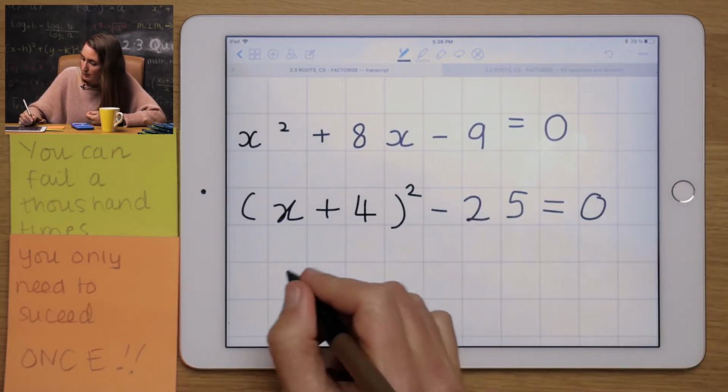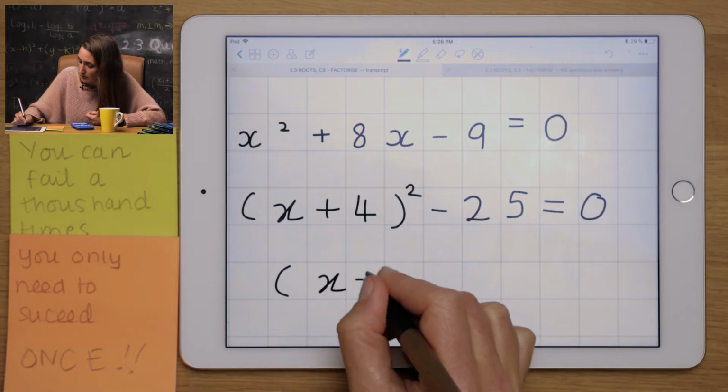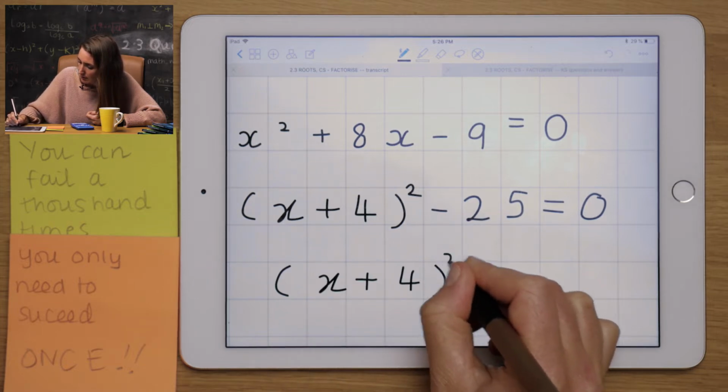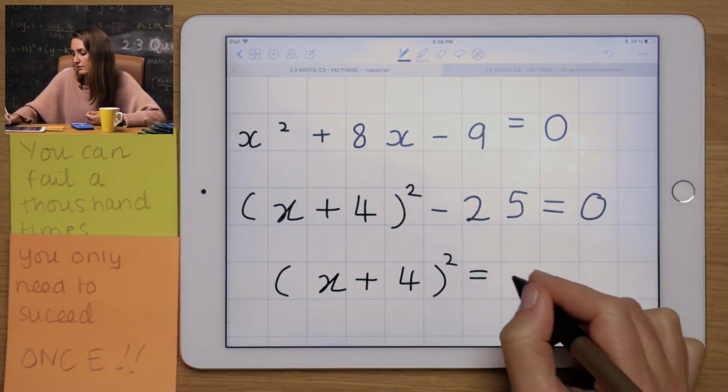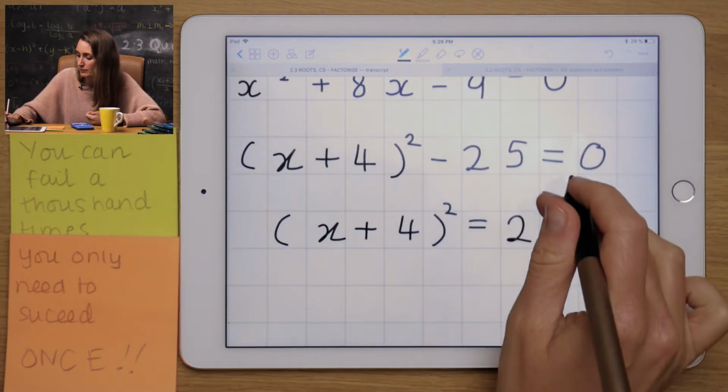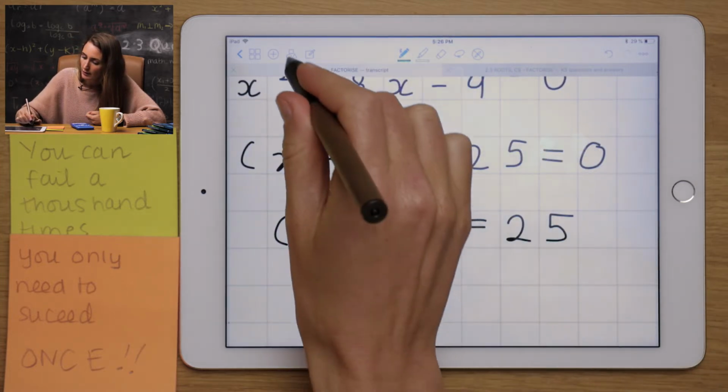I'm going to bring the minus 25 to the other side, and that will change from minus 25 to plus 25. I'm going to take the root now.